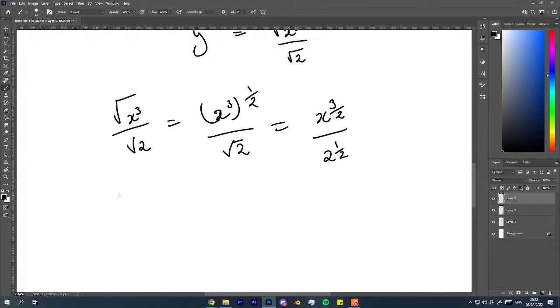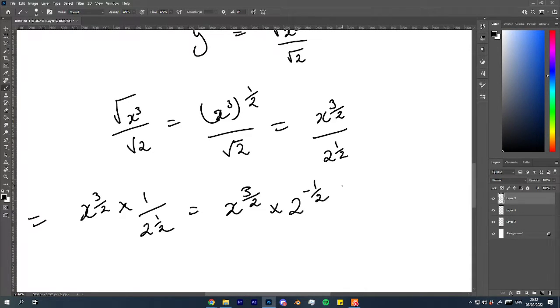Now I'm going to rearrange this a little bit more, times by 1 over, like that. And then I'm going to use our index laws again. Okay, and this becomes something to differentiate.